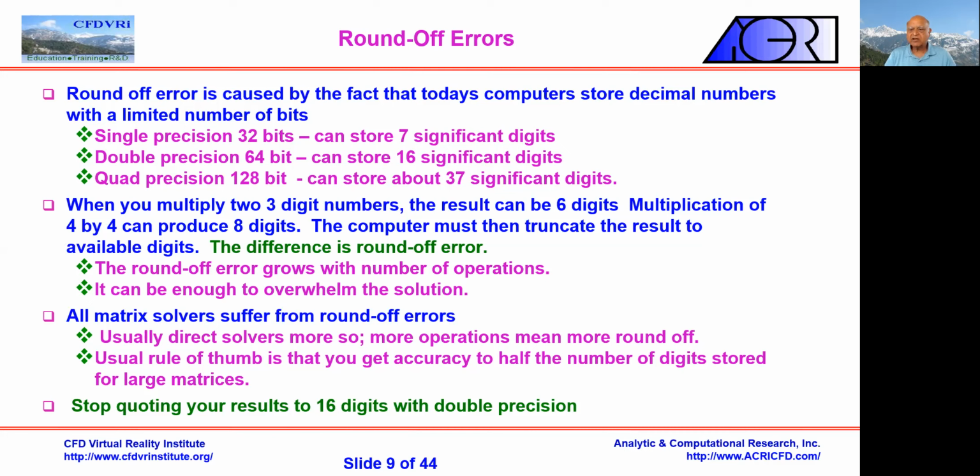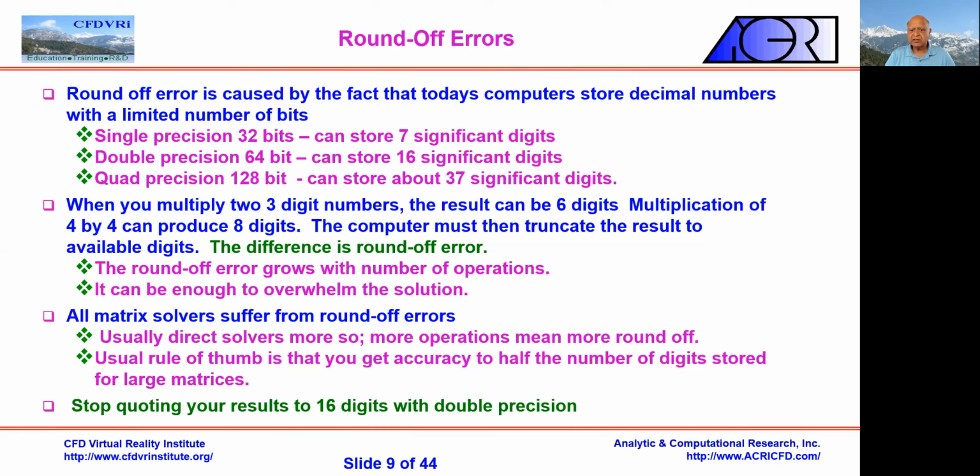So what happens is quite often there are special registers for multiplication, which are longer than the regular one, like 64-bit precision may use a 128-bit register for that reason, right? But nonetheless, after doing that computation, they still have to store it. So I have to truncate it to the most significant digits, 16 digits in this case.